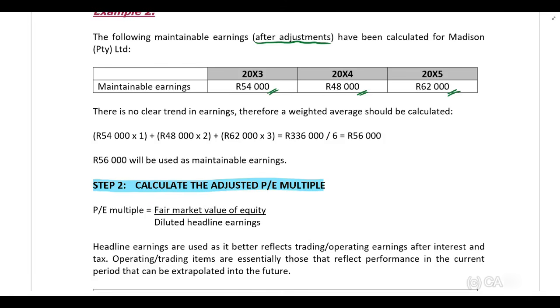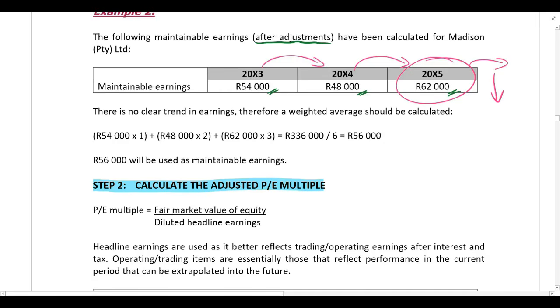So we can't just take the most recent year and use that as our maintainable earnings, because remember, with maintainable earnings, we are trying to calculate what our earnings will be in the future. Now, there's a risk if my earnings dropped from 20x3 to 20x4 and they increased from 20x4 to 20x5, there's a risk in future years that this might actually drop again.